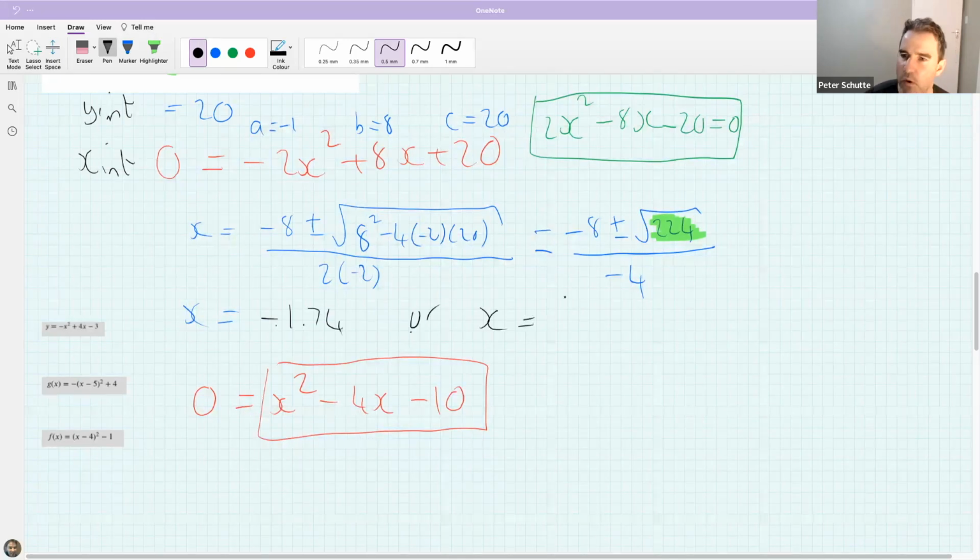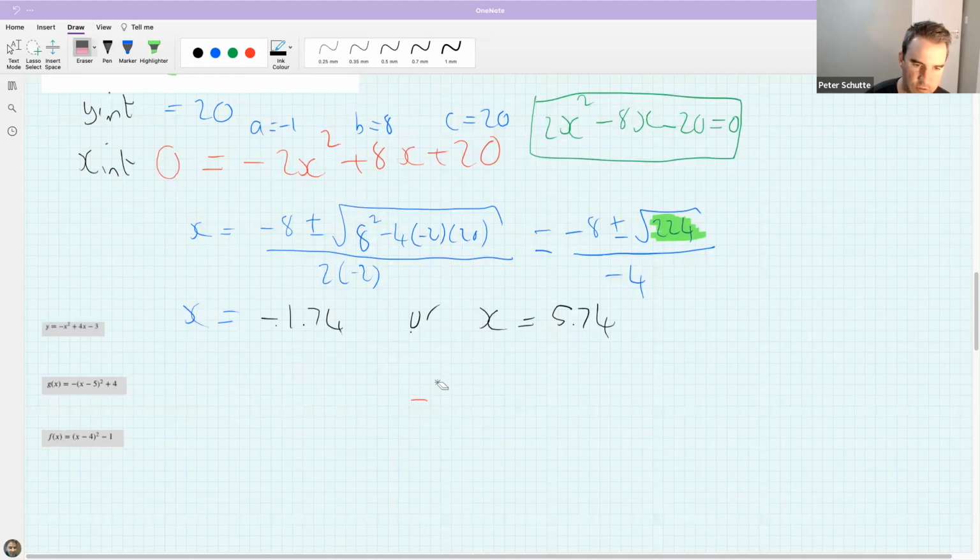Or the other one is going to be minus 8 minus square root 224 divided by minus 4, and I get 5.74. Those are the correct answers.